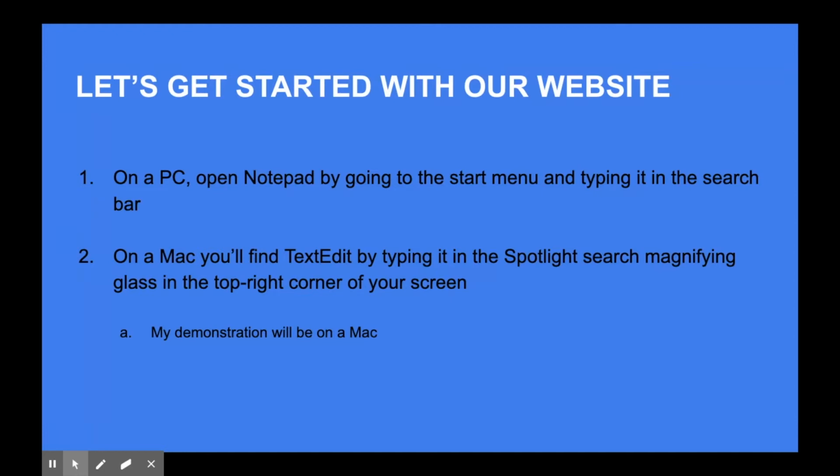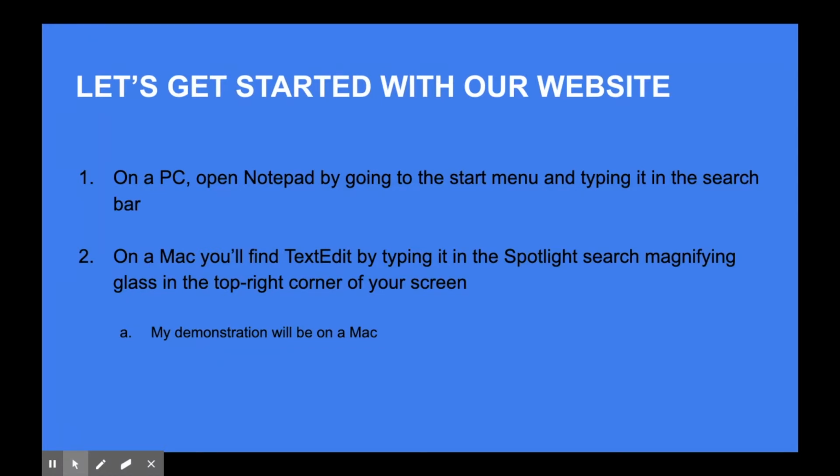If you're using a PC, you're going to open Notepad. You'll do this by going to the Start menu and typing it in the search bar. On a Mac or MacBook, you'll find Text Edit, which is the text editing software we'll be using.